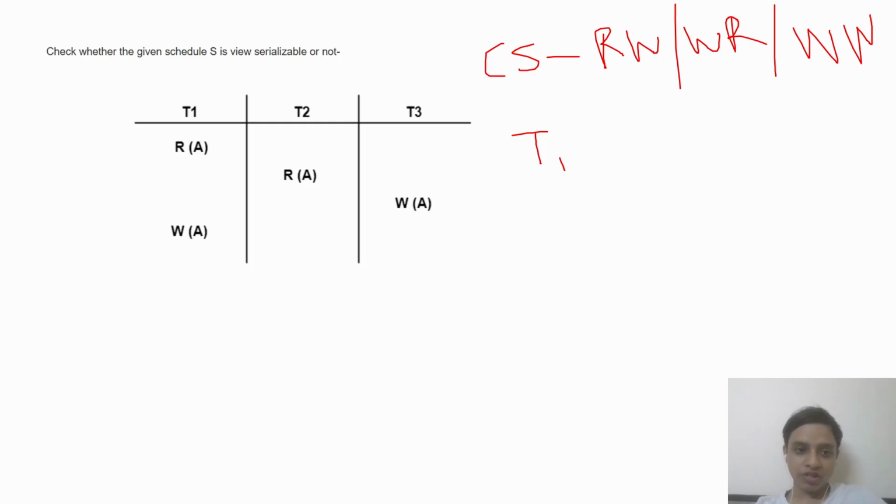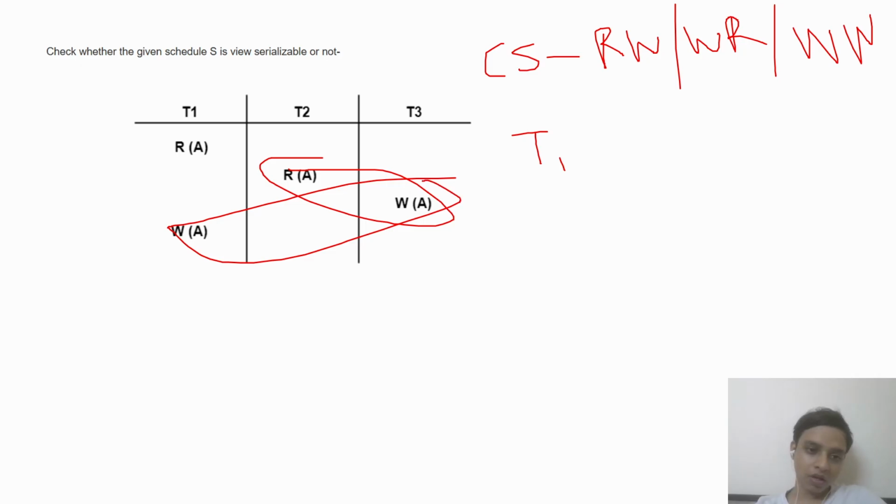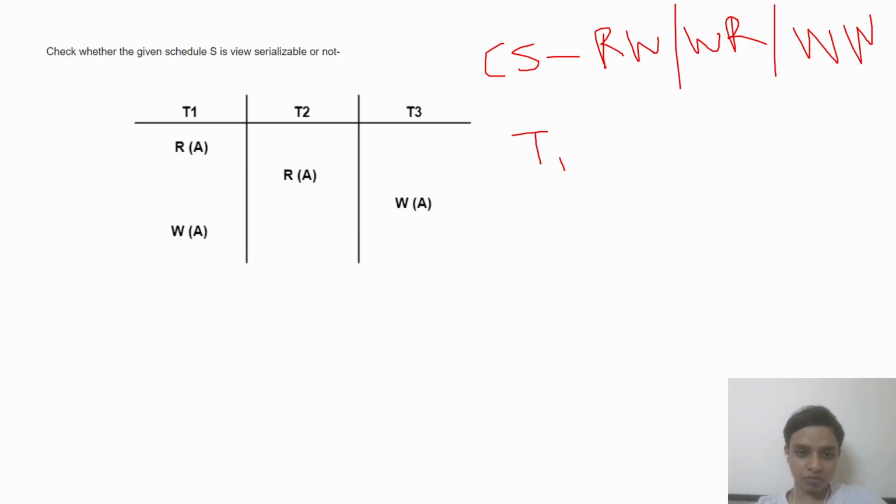So when we go from T1, let me check the conflicts here. This is a conflict. This is a conflict. Do I have more conflicts here? Yeah, this is also a conflict. So let me cover these conflicts one by one.